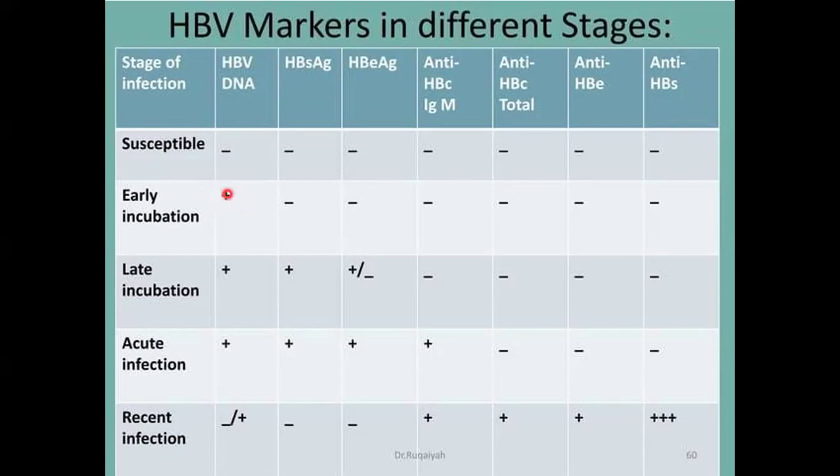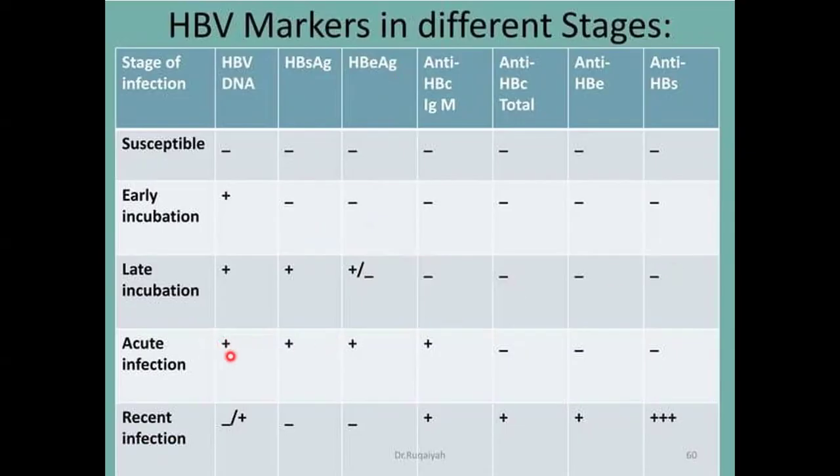Then late incubation, this will be positive as the viruses are increasing. Incubation is when you have the viruses but you do not show symptoms. This will be positive because it is a marker of acute disease. Then this might or might not be positive because this is just a marker of infectiousness. Then the rest will be negative.